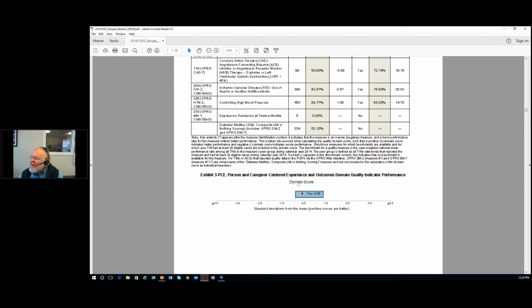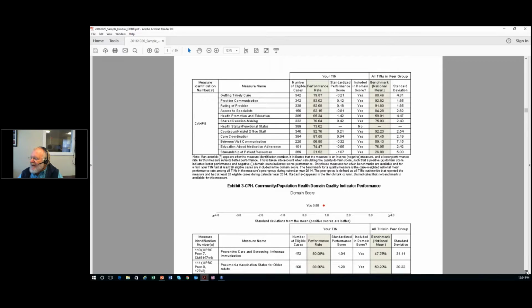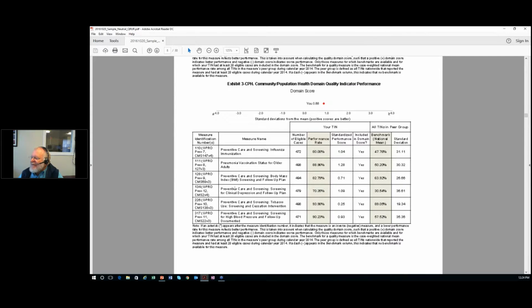Then we go on down to, where's next? Community and population health measures. That's the influenza, pneumovax, BMI, depression follow-up, tobacco use, high blood pressure screening.